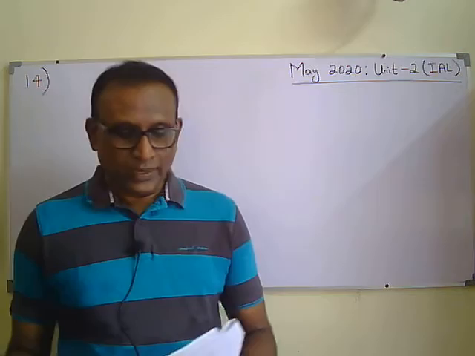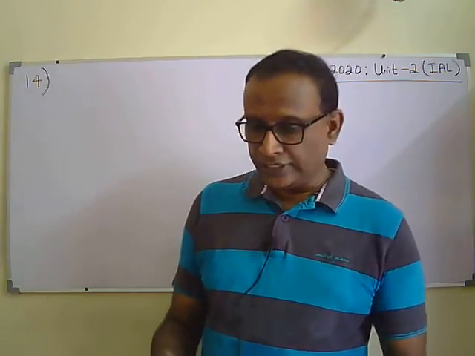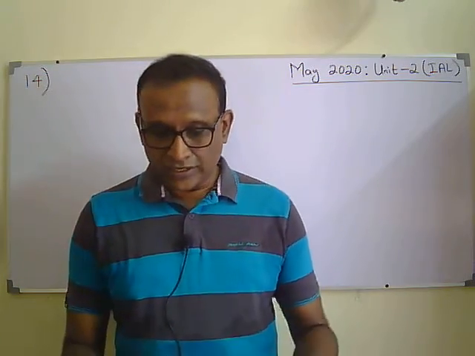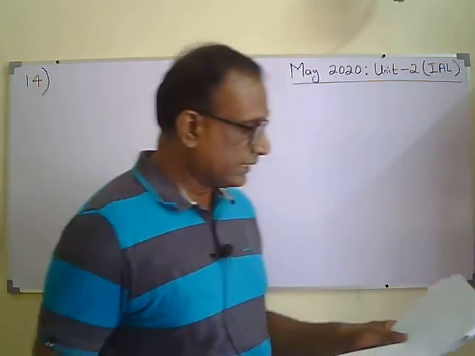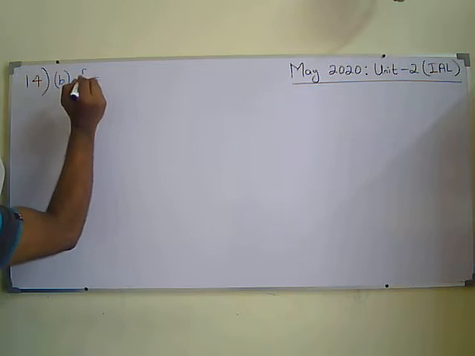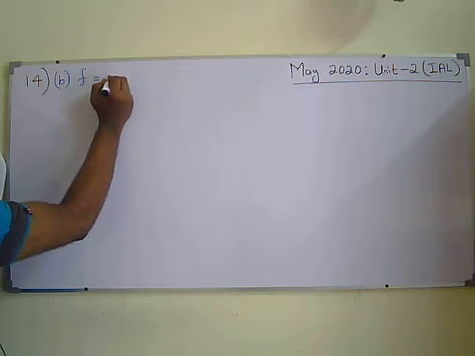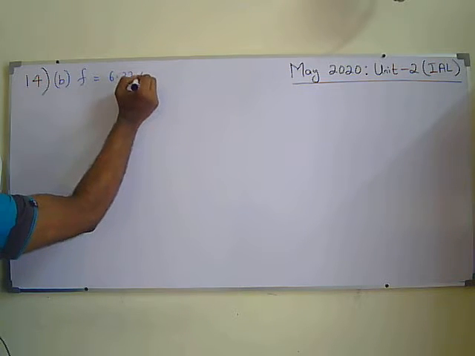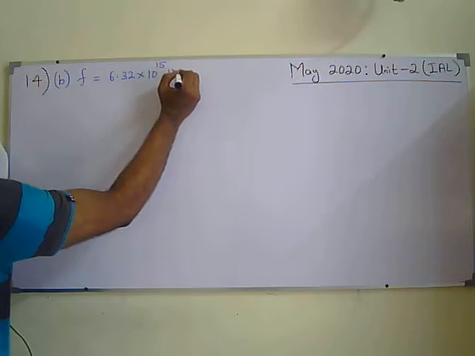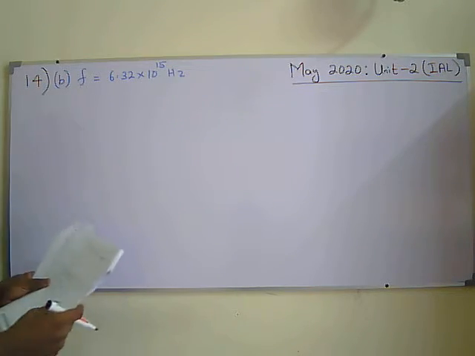B part, when light with frequency 6.32 times 10 to the power 15 hertz is incident on a metal. So in B part, they are giving the frequency of the light. The name of the metal is not given.